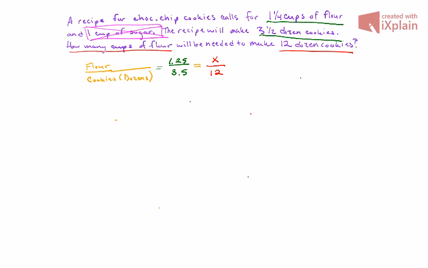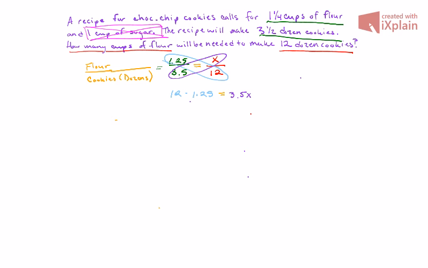Now we can use our trick. Our trick states that we can cross multiply. So I can do 12 times 1.25, and that is going to be equal to 3.5 times x.